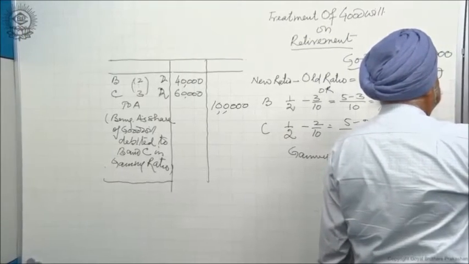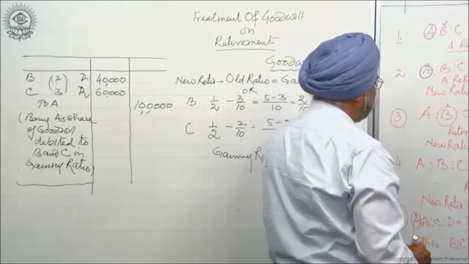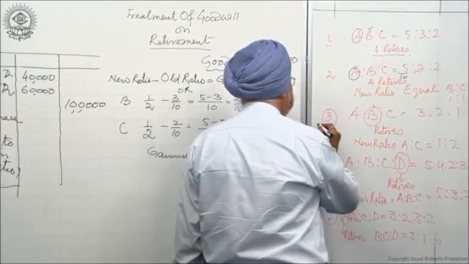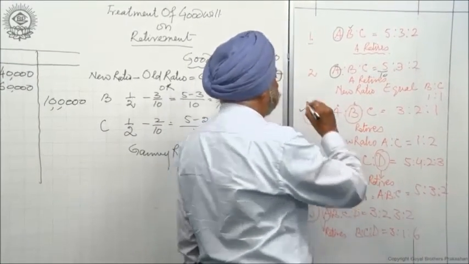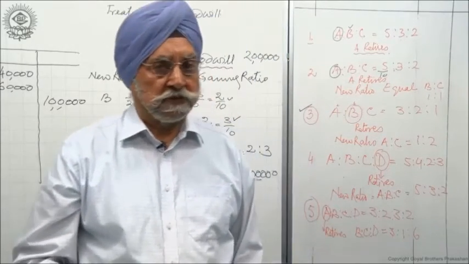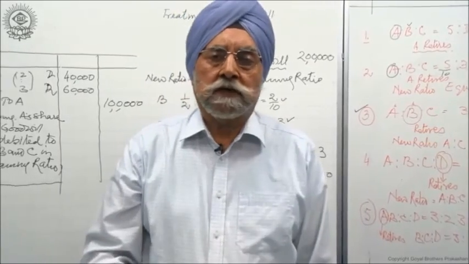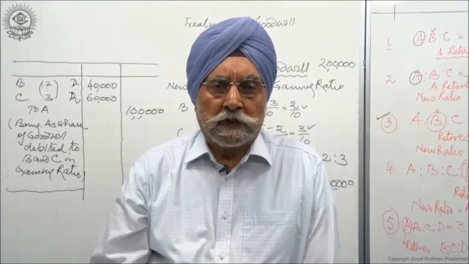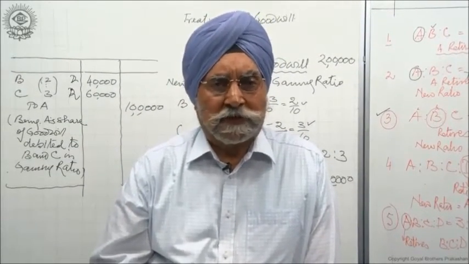Now, after this, I come to a special case, that is case number 3. This is a typical case, my dear students. Generally the retiring partner is a loser partner.